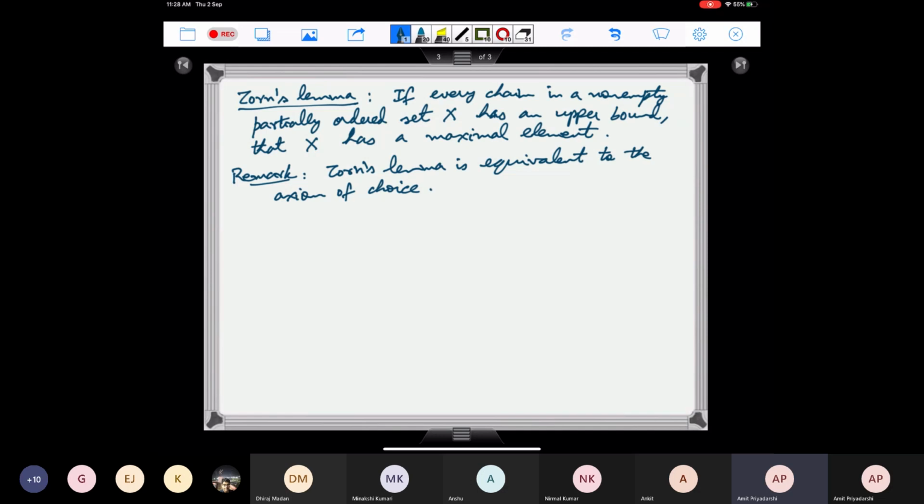Because Zorn's lemma seems very complicated. It says that about a partially ordered set, if every chain has an upper bound, then it has a maximal element. So this is a somewhat complicated statement. The quote is a kind of joke that these three things are equivalent, but one looks obviously true, another looks like it should be false, and the third one is complicated to describe.